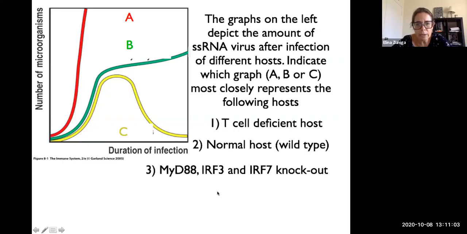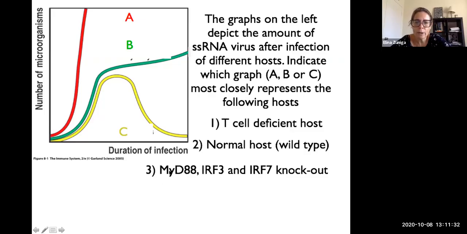Let's see, I will ask you to do these questions. I will put the poll here and you need to pick which option will be the most appropriate. Again, it says the graph on the left depicts the amount of single-stranded RNA virus after infection of different hosts. Indicate which graph, A, B, or C, most closely represents the following host.